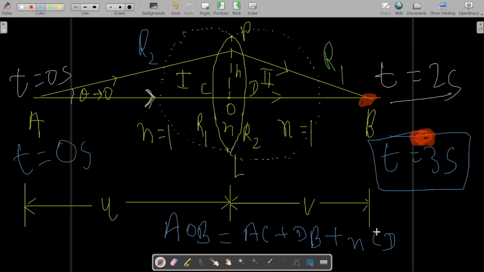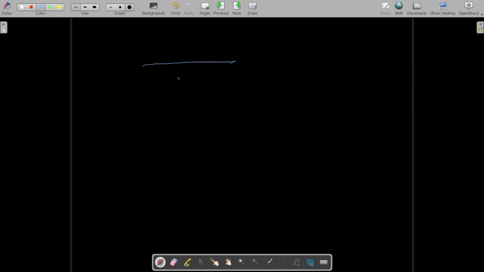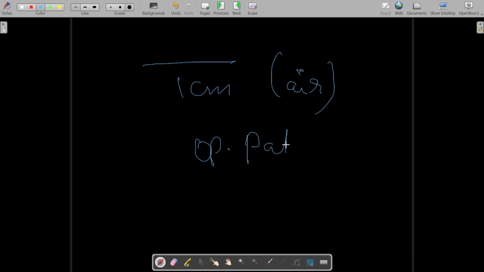Suppose I have n equal to 1, that is, suppose I have air. If I travel 1 centimeter in air and 1 centimeter in glass, suppose the glass has refractive index equal to 2, let's understand the meaning of this. Suppose I travel 1 centimeter in air, then my optical path will be equal to 1 centimeter only.